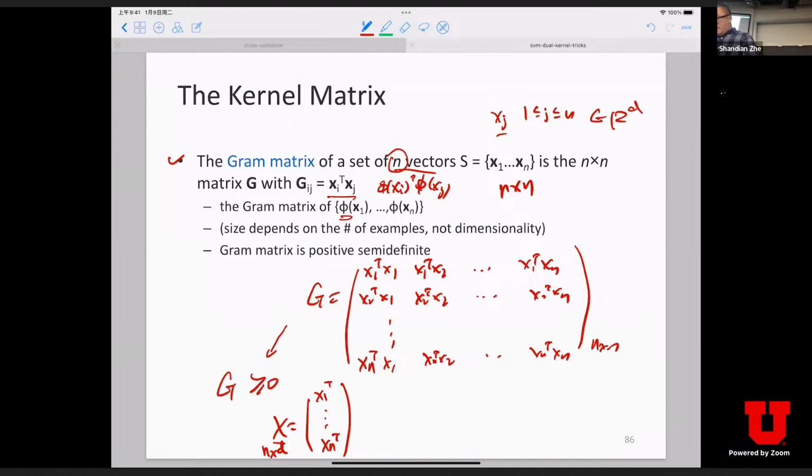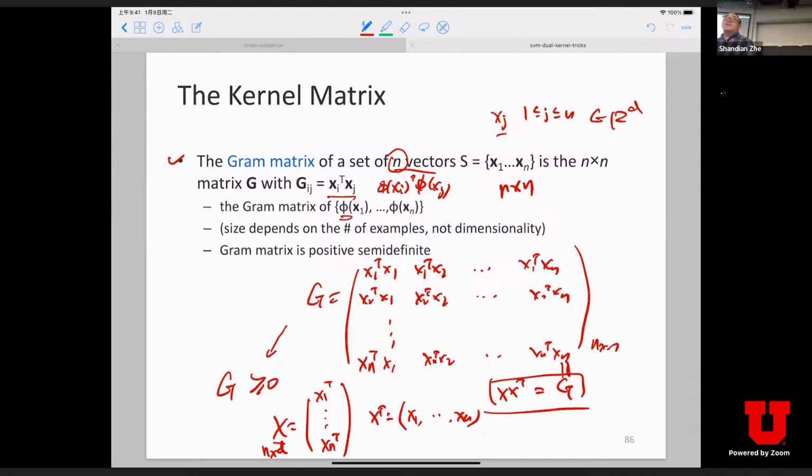Then it is fairly easy to write G as X times X transpose. You can do it by yourself, but I can write it for you: X is like this, X transpose will be x1 to xn, and then X times X transpose will be exactly G here. Remember the definition of the product of block matrices.